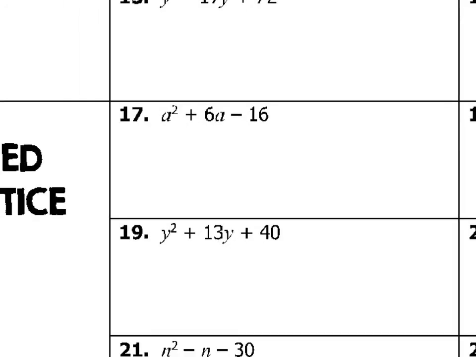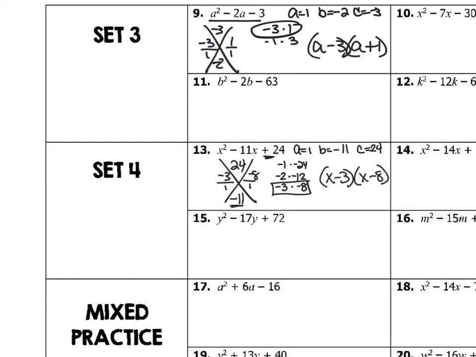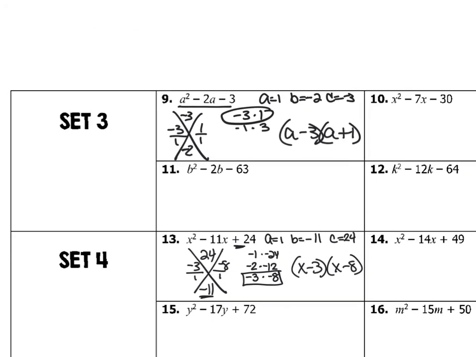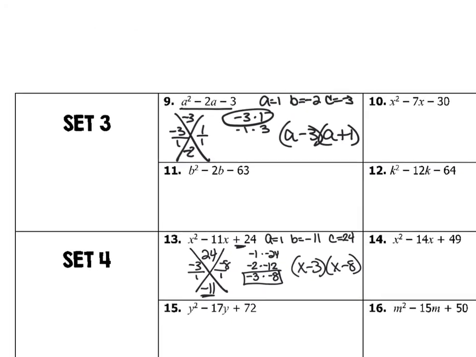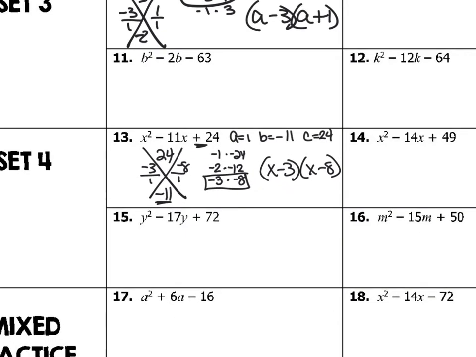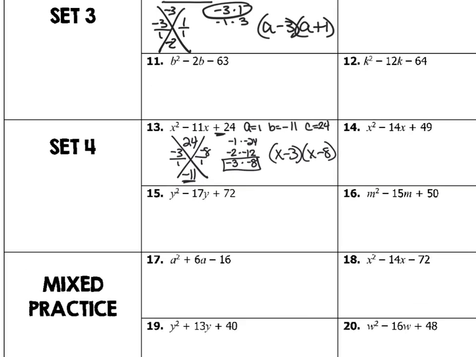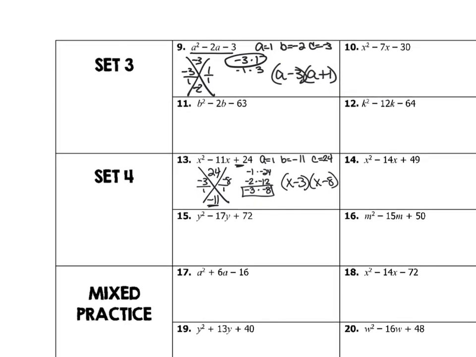Right. This is a mixed set, so all it's doing is, before we had just positive, positive, then positive, negative, then negative, negative, and then negative, positive. So you just have to remember to watch your signs. On this, whenever your middle number is negative, you're going to have negative, negative.